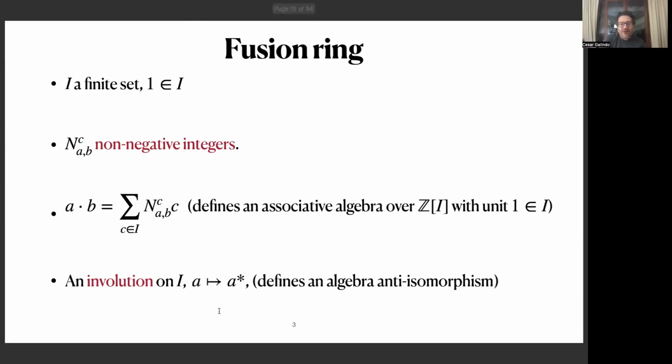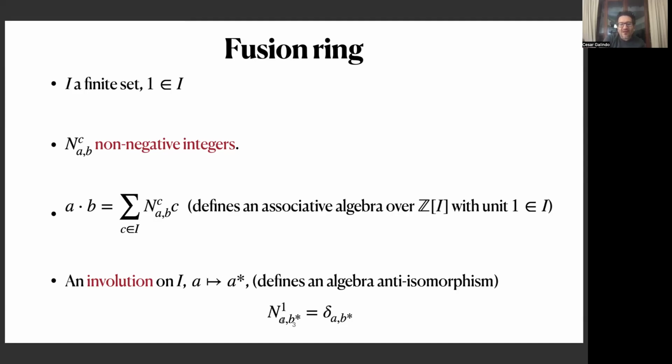Okay, and the other ingredient is the involution, for which the basic thing we need is that it defines, for this product, an algebra anti-isomorphism, and there is some compatibility with the unit.